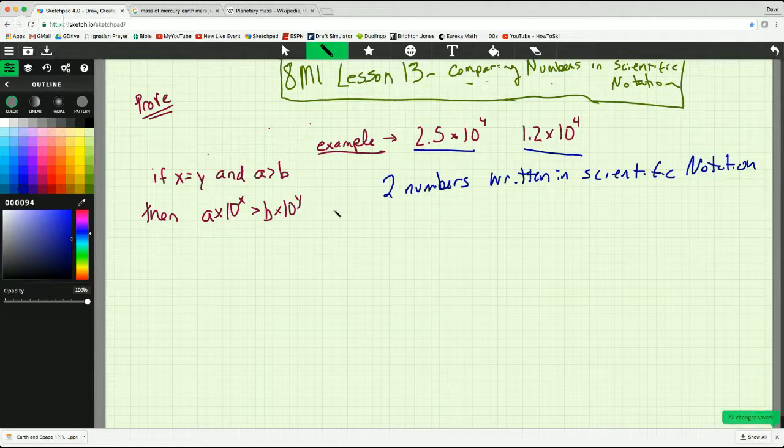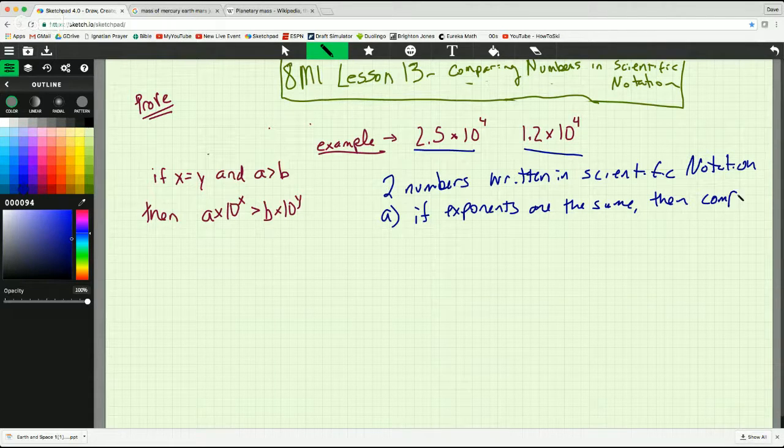We have case A that says if the exponents are the same, then compare the coefficients, those first numbers.